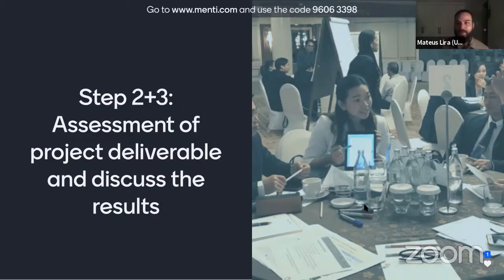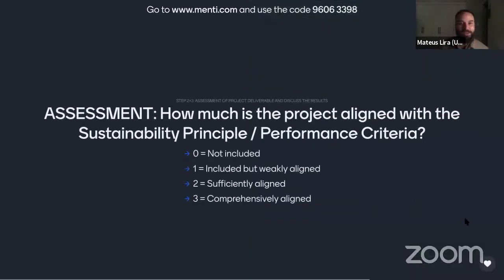So yeah, now we're going to simulate how this would work. So just to give you some clarity, each sustainability principle or performance criteria is assessed on a 0 to 3 scale, trying to answer the question of how much the project is aligned with the sustainability principle or performance criteria.